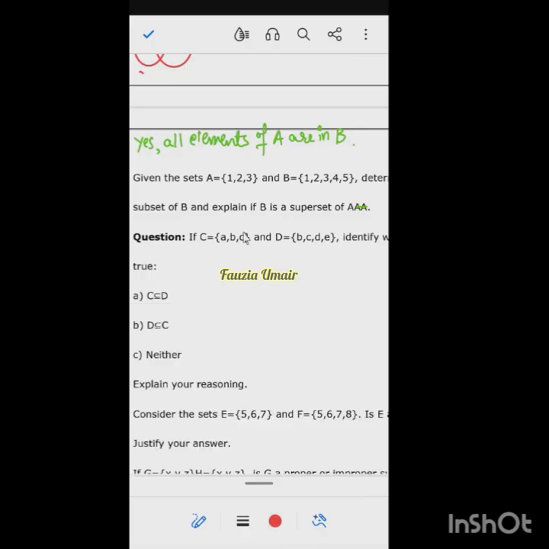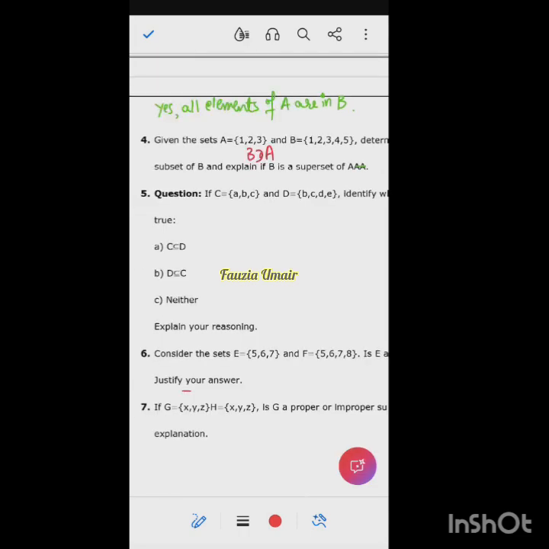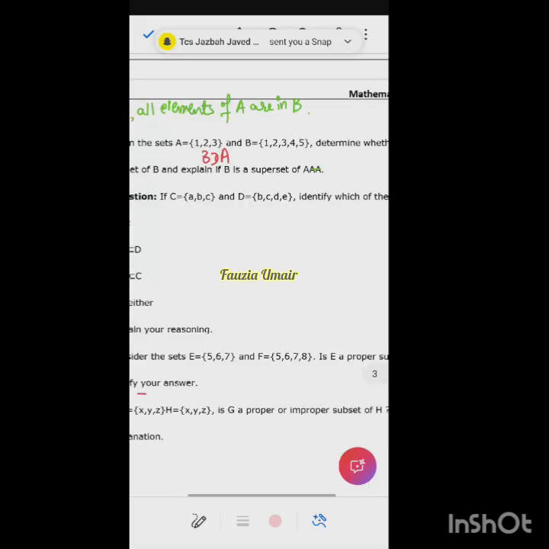Because B is having all the elements of A. B is having all the elements of set A, and there are some extra elements in B. So that is why B is a superset of A, right? So in the next one, there is this C is ABC, D is BCDE. We need to identify which of the following is true.